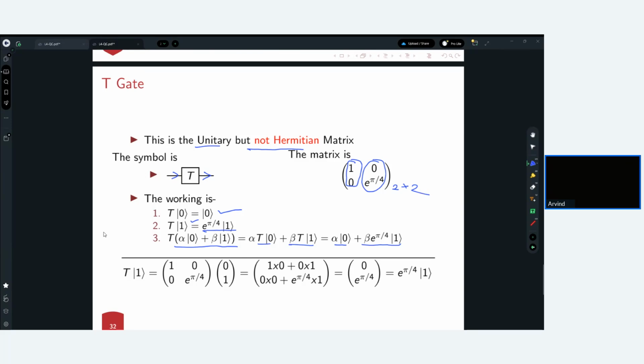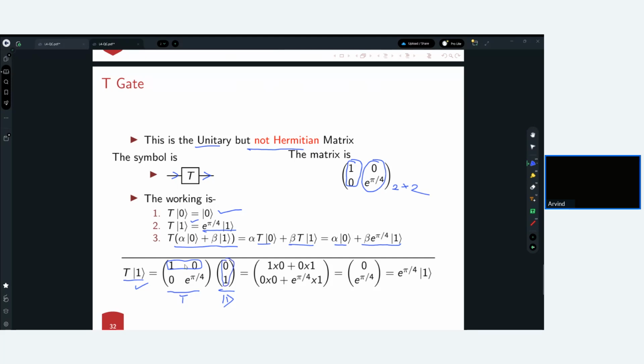Let us verify the results by doing matrix multiplication. If the input is ket 1 to the T gate, let us replace T by its equivalent matrix and ket 1 by its vector representation. So this is the matrix for the T gate and this is the matrix for ket 1. If we do the matrix multiplication of these two matrices, what will we get? 1 0 times 0 1.